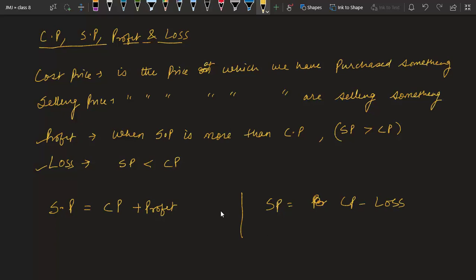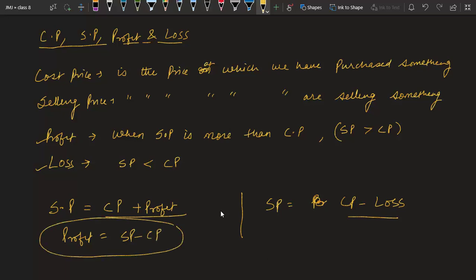Because in the case of profit SP is more than CP, in the case of loss SP is less than CP, or you can say profit is equal to SP minus CP and loss is equal to CP minus SP.